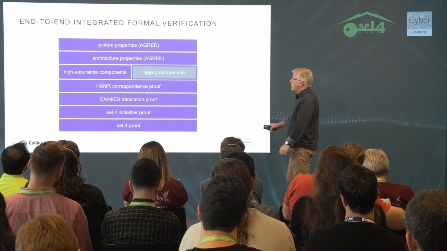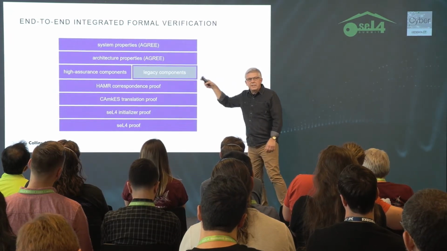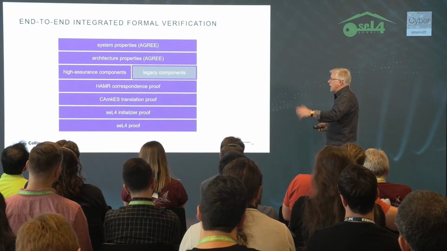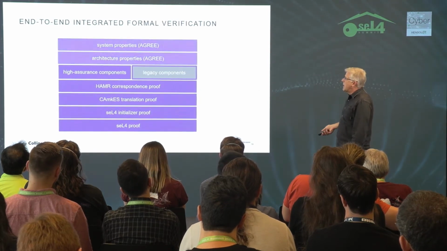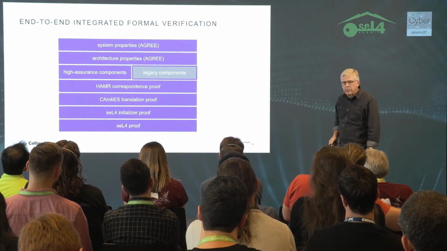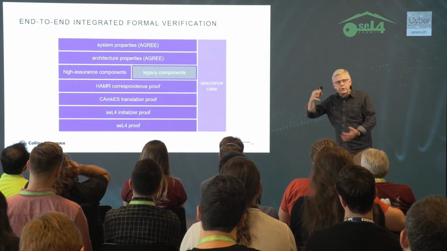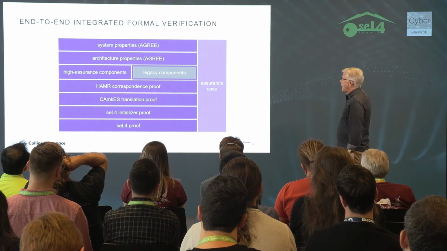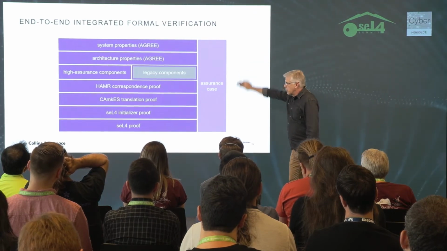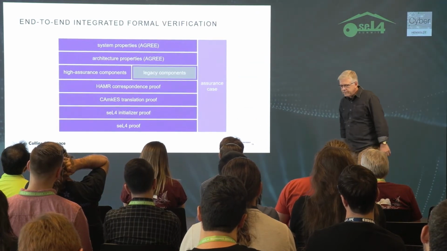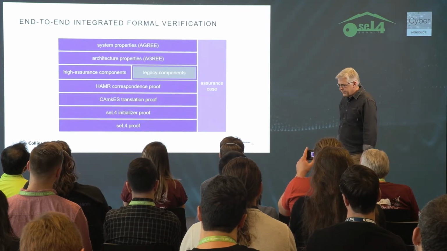If we have legacy components, we can at least show that they're isolated in the VM and don't interact in unintended ways with the rest of the system. And then we have our architectural properties that we've checked with AGREE, and all of this evidence flows into the assurance argument to show how the properties are preserved top to bottom in this workflow.